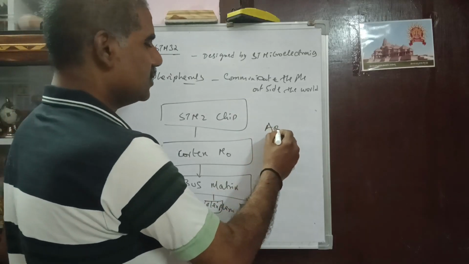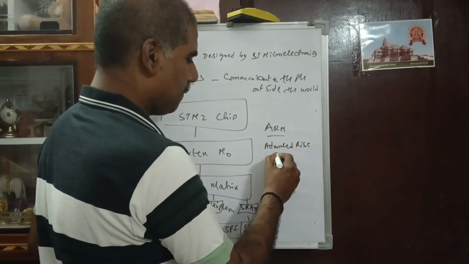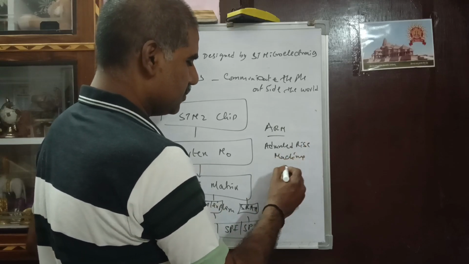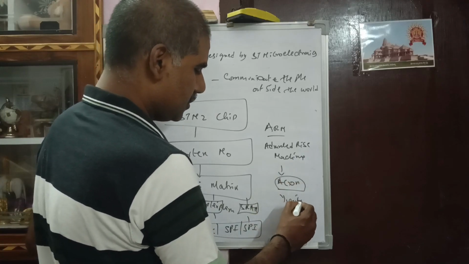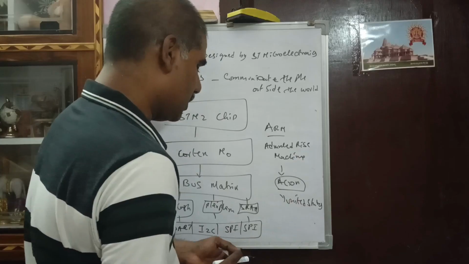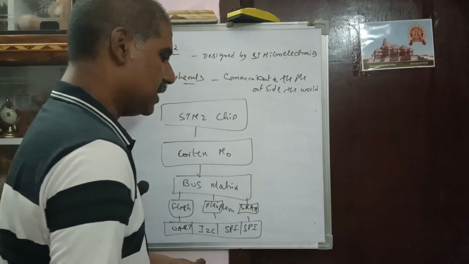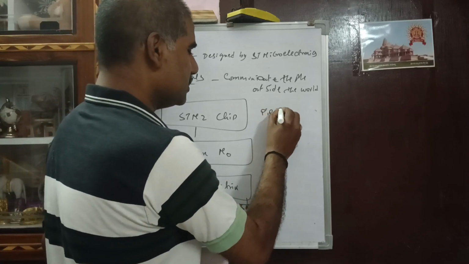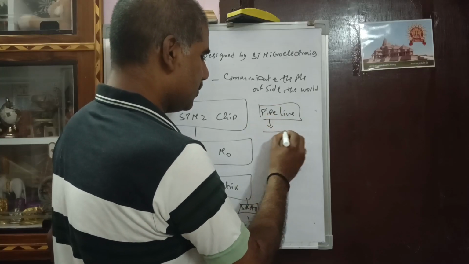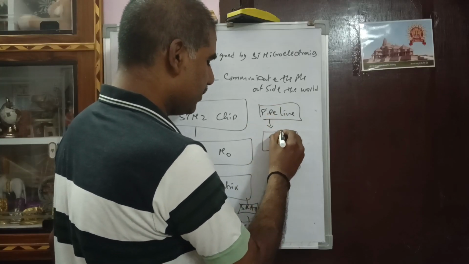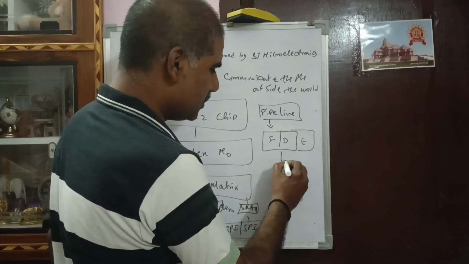ARM is also known as Advanced RISC Machine. It was developed by the ARM company in the United States. Okay. Another one is that it supports the pipeline process. Pipeline process means an instruction performs 3 operations: fetch, decode, and execute.